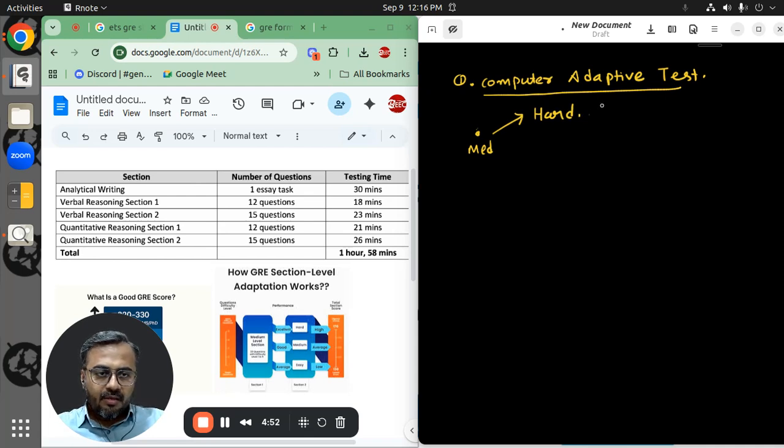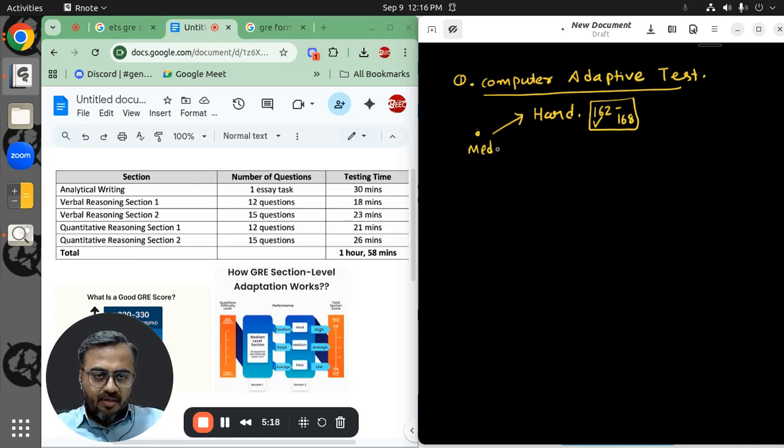Here, the student is locking himself in the higher score range. Let's say the score range is 162 to 168. Even if the student is not able to perform really well the way he did in the medium difficulty level section, the minimum score that the student can achieve is 162. Maximum can be full score or close to 168.